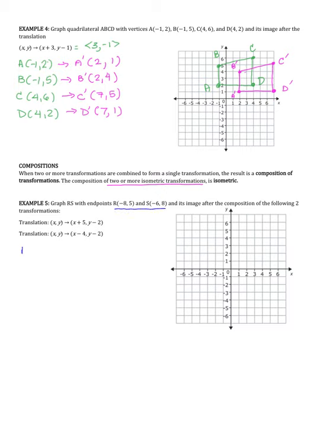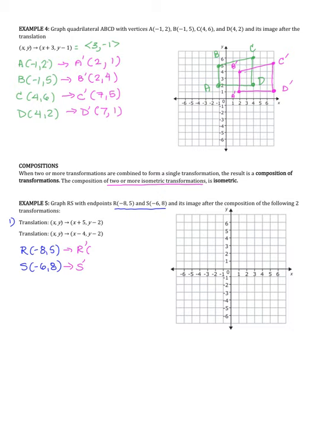My line segment is going to be R is at -8, 5. S is going to be at -6, 8. And our first transformation is going to be, so this will be R prime, S prime. So that's going to go forward 5 and down 2.